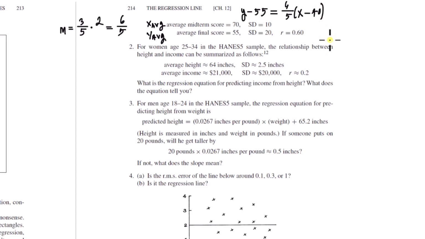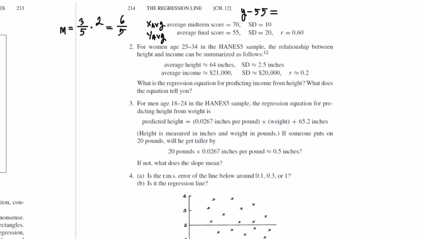So y minus 55 is equal to 6/5 x minus, so 6/5 times 70 is 84. Okay, now minus 84 plus 55 is minus 29.